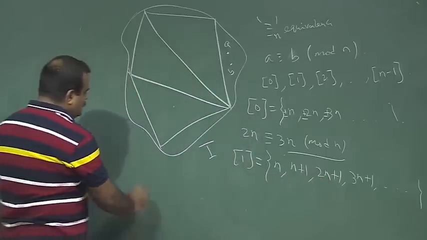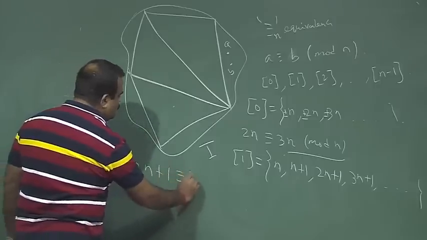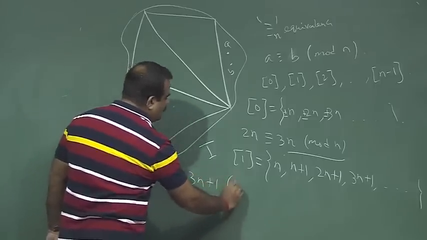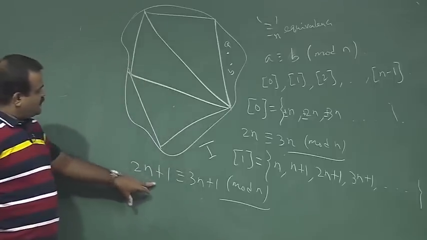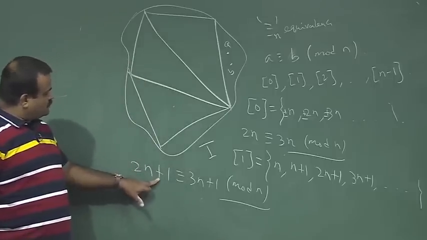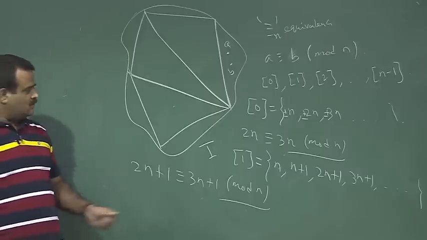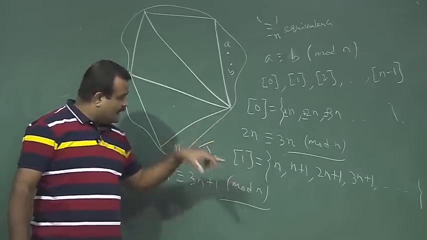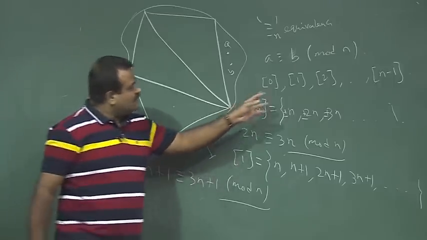So, 2n plus 1 is congruent to 3n plus 1 mod n, because their remainder is the same. 2n plus 1 mod n is 1, and 3n plus 1 mod n is 1. So, the remainder is 1, and that is why this class is denoted by class 1 in the remainder sense.